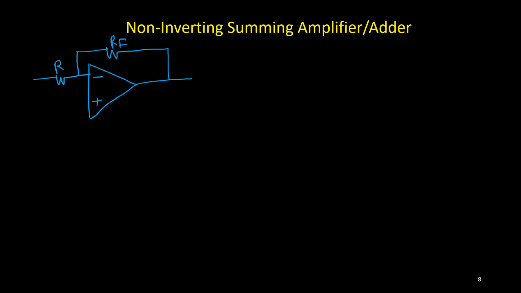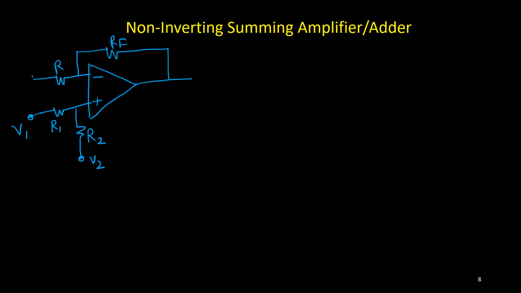Okay. Now as it is non-inverting, I have to connect the sources at the non-inverting terminal. Okay. So I'll consider only two sources. Like this, two paths, and here the potential is V1, and this is your R1, and this potential is V2, and this is your R2, right?